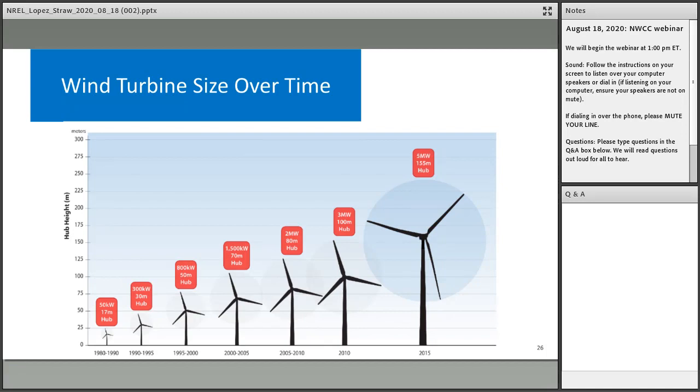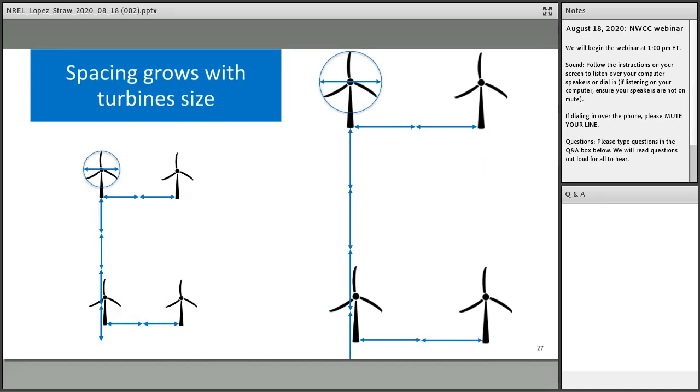What's more, what is currently installed across the landscape varies considerably from site to site. Nearly every turbine represented on this graph is currently installed somewhere in the U.S. The size of a turbine not only influences the amount of electricity that may be generated, but also what the wind farm looks like. And I'll explain on this next slide.